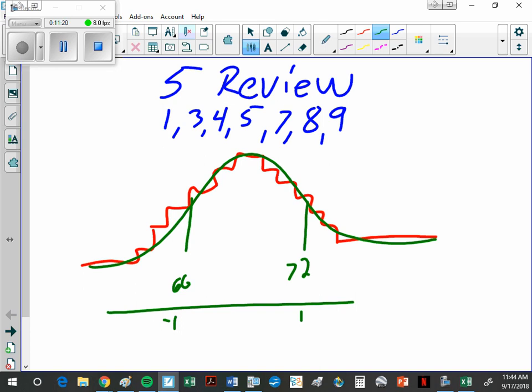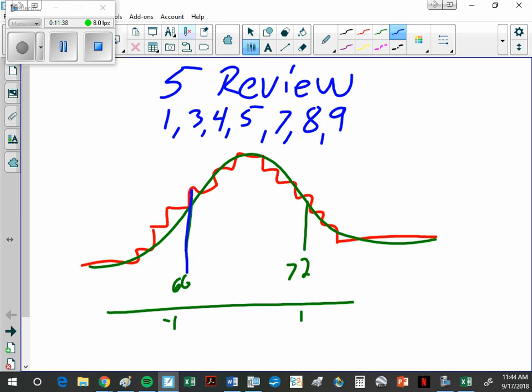Oh, sorry, I said that wrong. So it should be inches, inches, and histogram, and -1 and +1 normal curve. I read that wrong. I'm sorry.